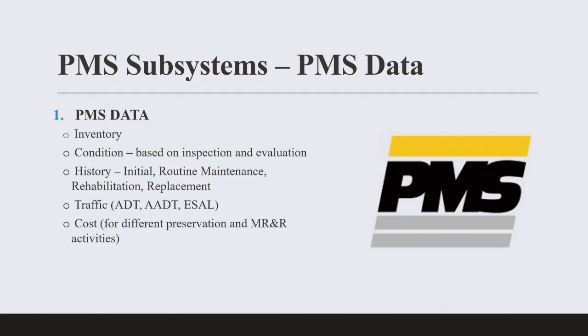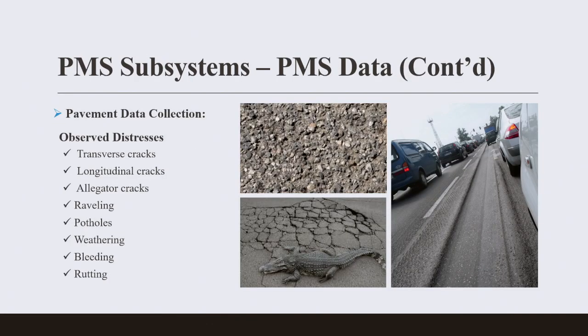This y coordinate from 0 to 100 in the US, and then every grade is given based on 3 factors. Your IRI, the roughness, the amount of rutting, and the amount of cracks. Maybe here you have another problem, raveling or whatever. So you can develop your own matrix to do the evaluation for your condition index.